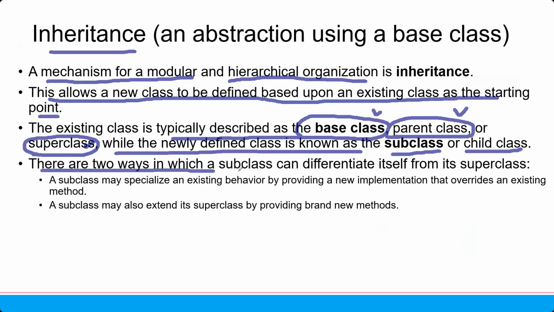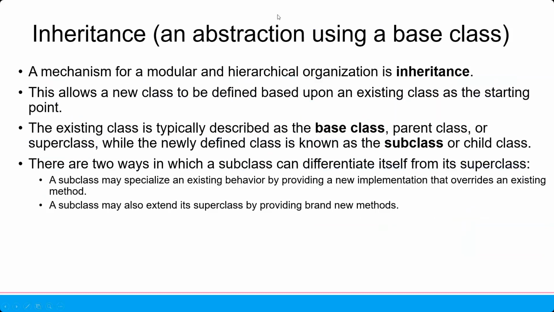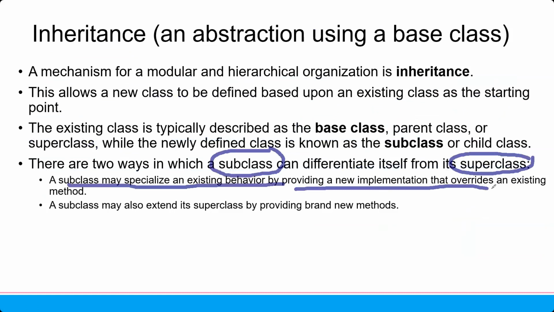There are two ways in which a subclass can differentiate itself from its superclass. A subclass may specialize an existing behavior by providing a new implementation that overrides an existing method. And a subclass may also extend its superclass by providing a brand new method. We will learn these two things from an example.